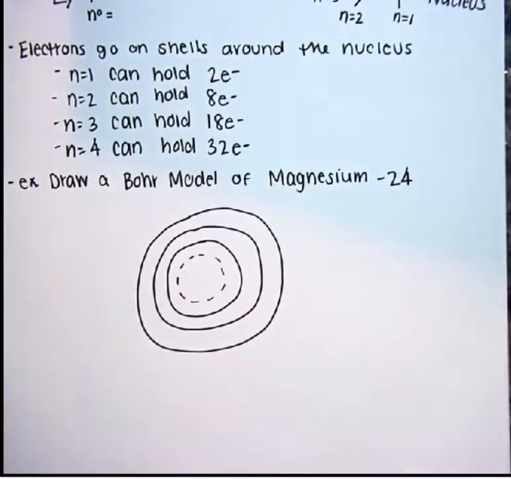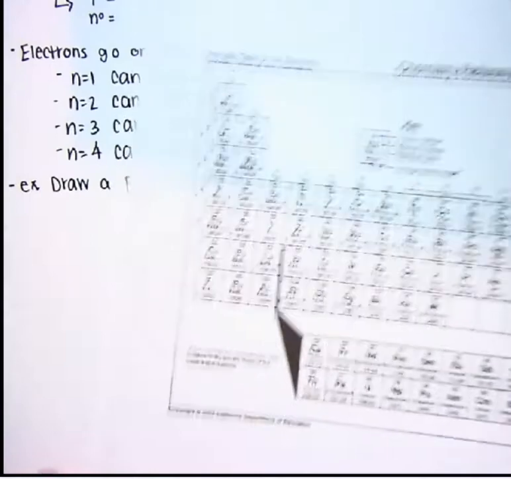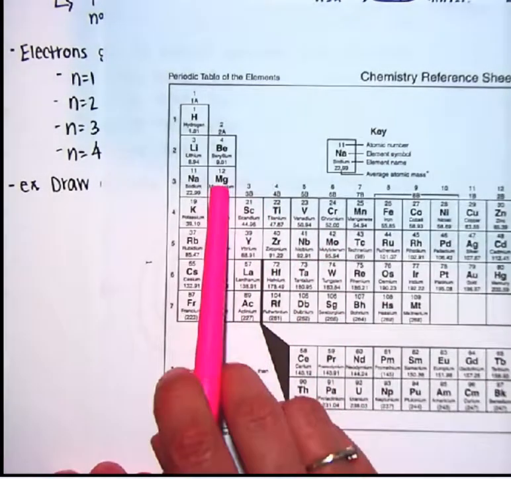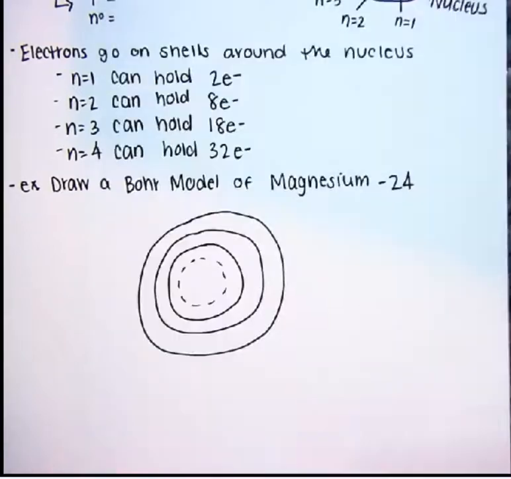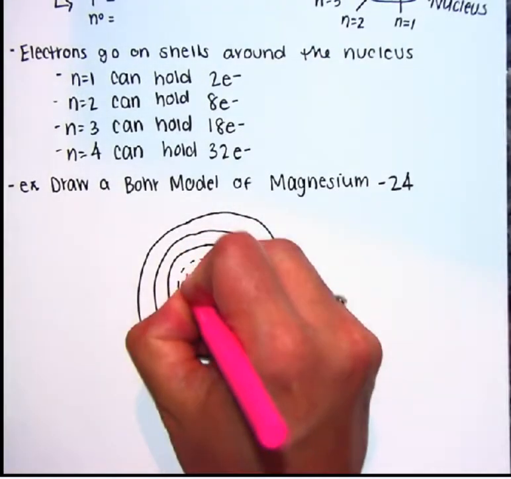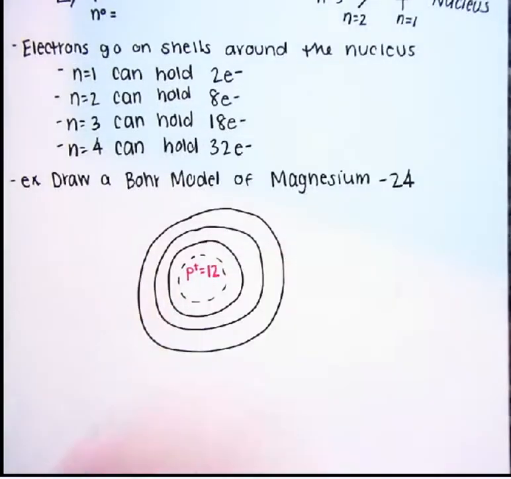So we need to figure out the number of protons and neutrons. I know that this is magnesium, so I can grab my periodic table. Magnesium has an atomic number of 12. So that means that magnesium has 12 protons, and protons are in the nucleus.